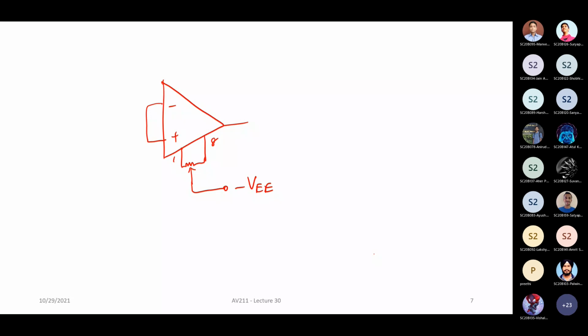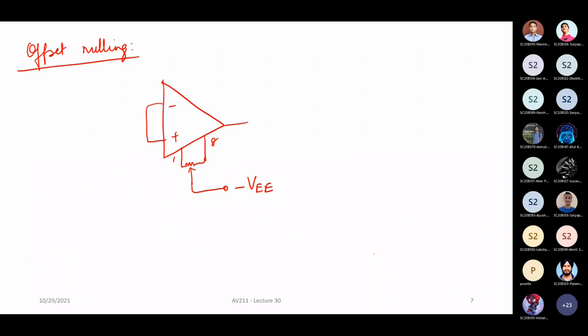This is what is called offset nulling. Offset nulling means you put a potentiometer, connect its wiper to minus VEE, and then sweep it to a place where it gives you 0 offset. All right.